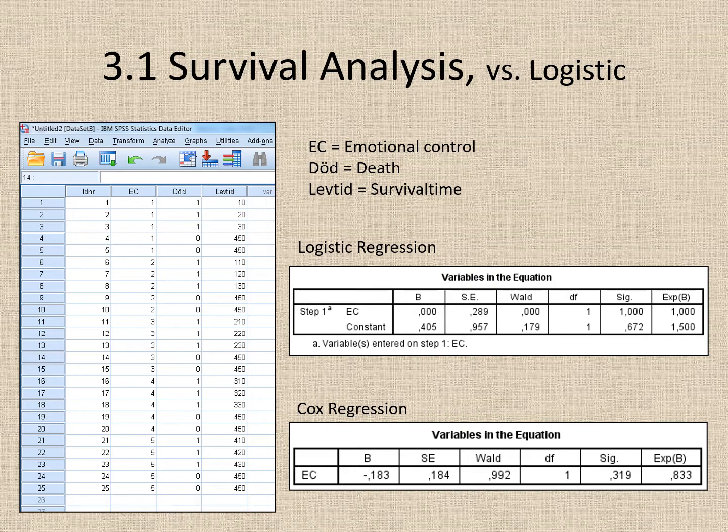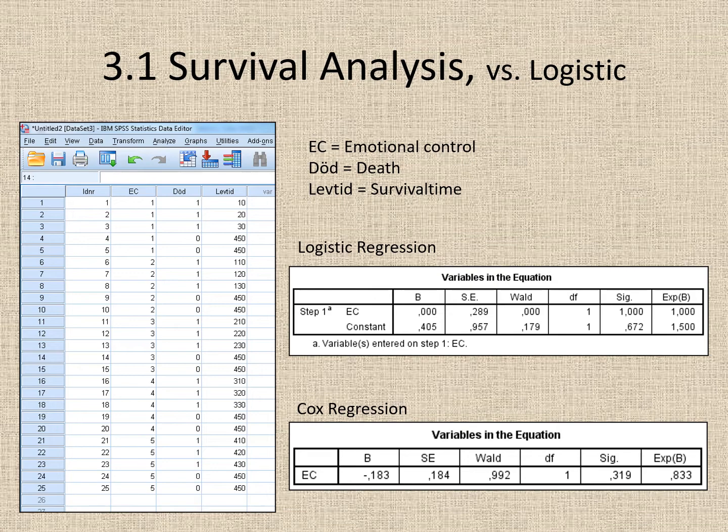Why do we have an effect in Cox regression here when there is no effect at all in logistic regression? Because although the odds of dying during the follow-up period are the same for every level of emotional control, the higher your value in emotional control, the longer it takes you to die if you die.